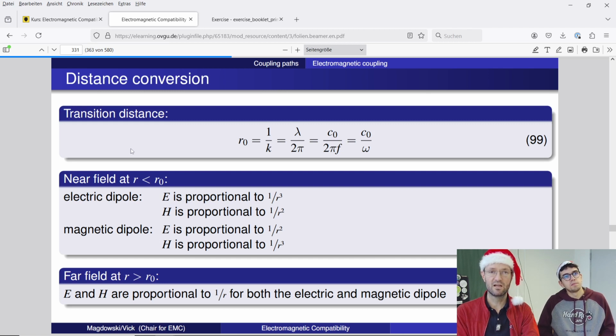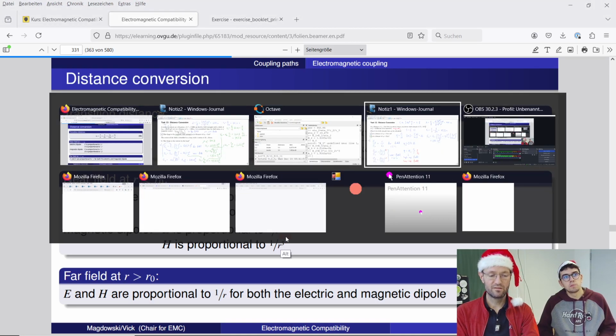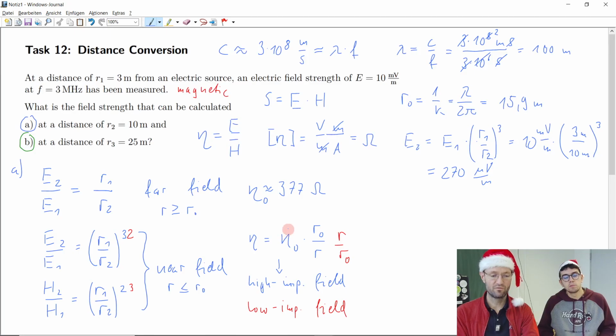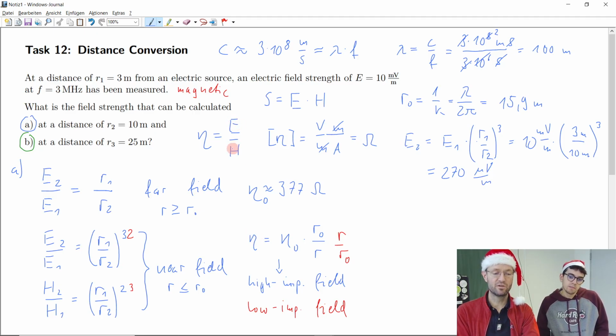And for the magnetic dipole, it's vice versa. And this is what we already discussed for the task before, for this one here. So if you calculate wave impedance, it is electric field strength divided by magnetic field strength. If we are close to an electric source, an electric dipole, we have more electric field, less magnetic field.